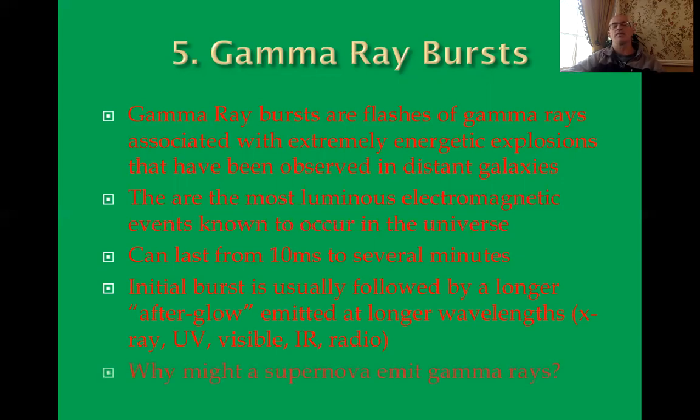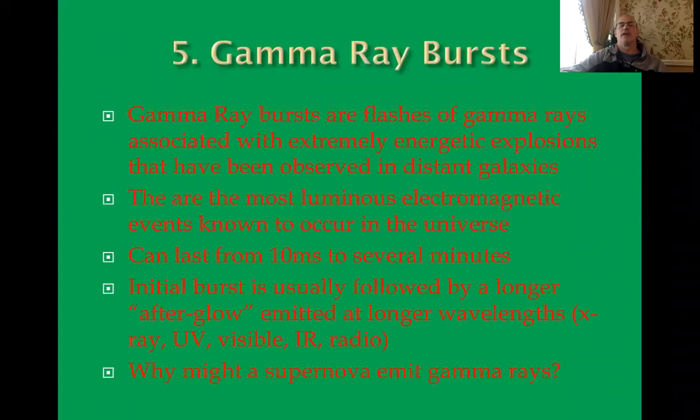So why might a supernova emit gamma rays? Well, as you recall, the shock wave is produced during the core collapse. During this shock wave, you get nucleosynthesis, heavier elements being produced.